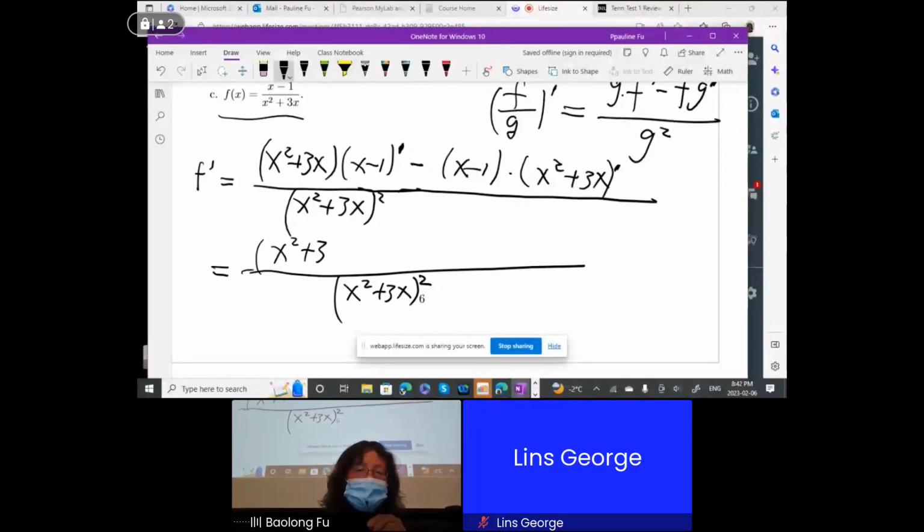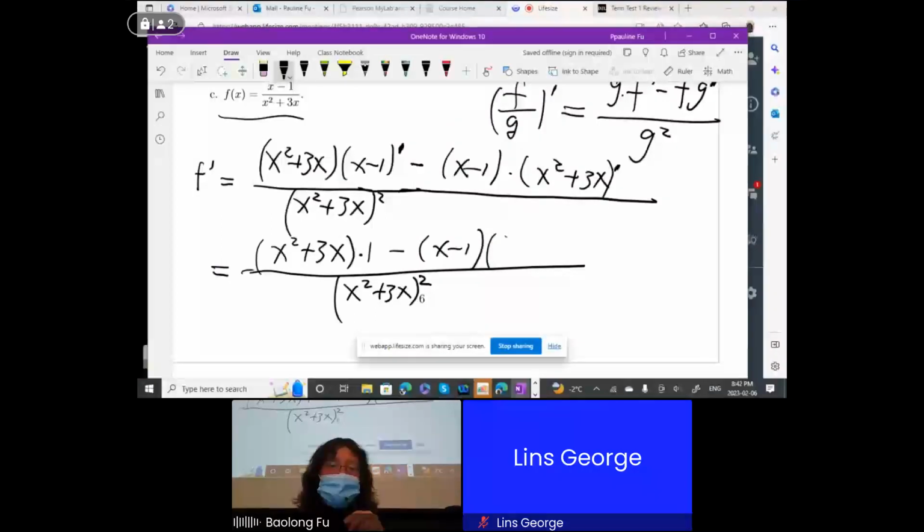The first item, the derivative of x minus 1, it is 1 times 1. And then the derivative of x squared plus 3x is 2x plus 3.